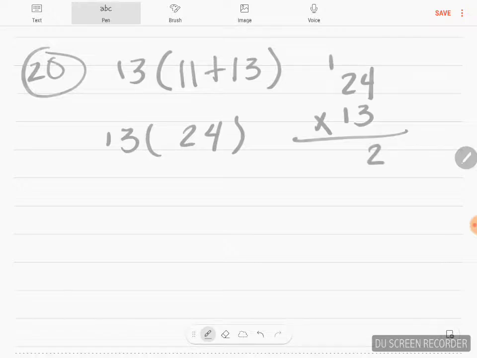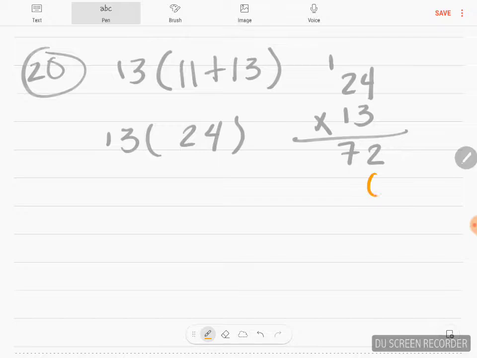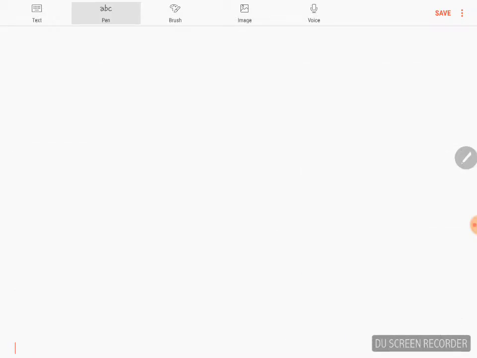Carry the 1. 3 times 2 is 6. Plus 1 is 7. All right. 0. 1 times 4 is 4. 1 times 2 is 2. Well, let's add this up. That's 11. Carry that. Answers that.